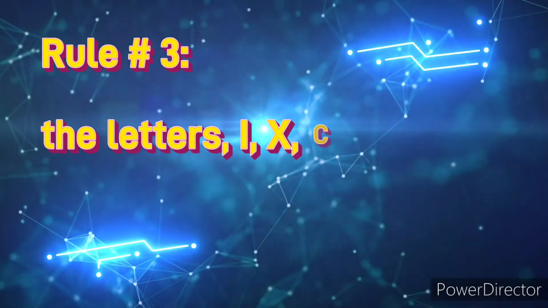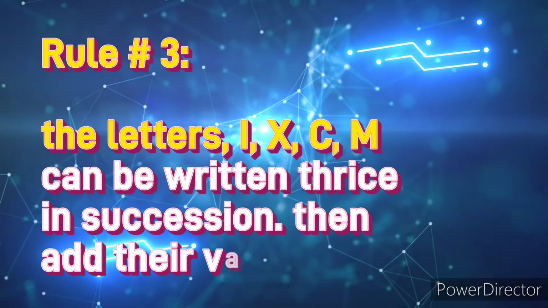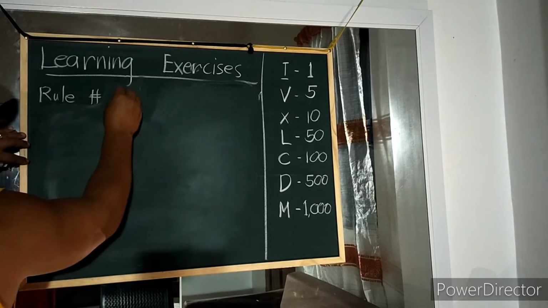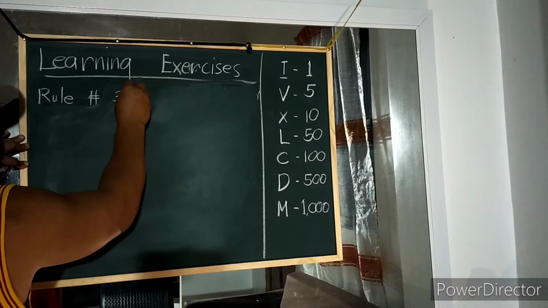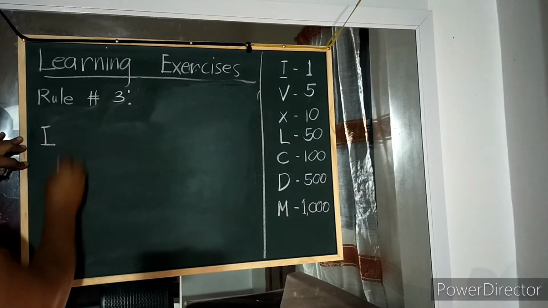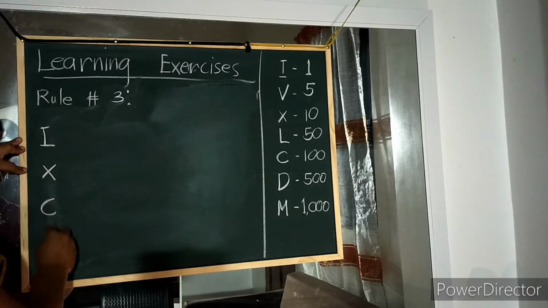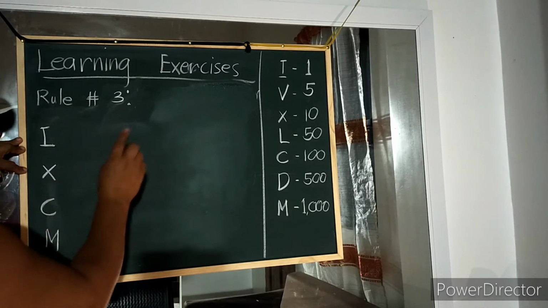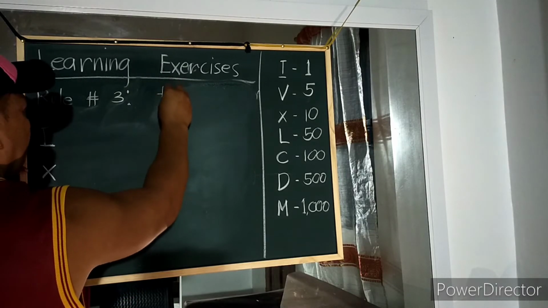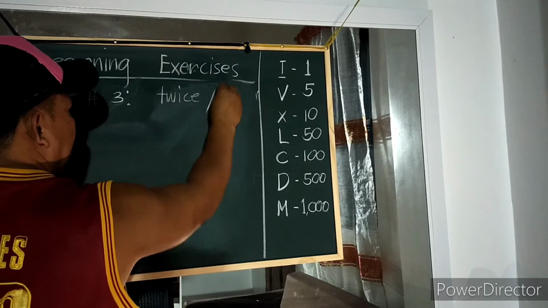Rule number 3. The letters I, X, C, and M can be written twice in succession. Then add their value. So here, rule number 3. The letters I, X, C, and M can be written in succession up to twice, or up to 3 times.